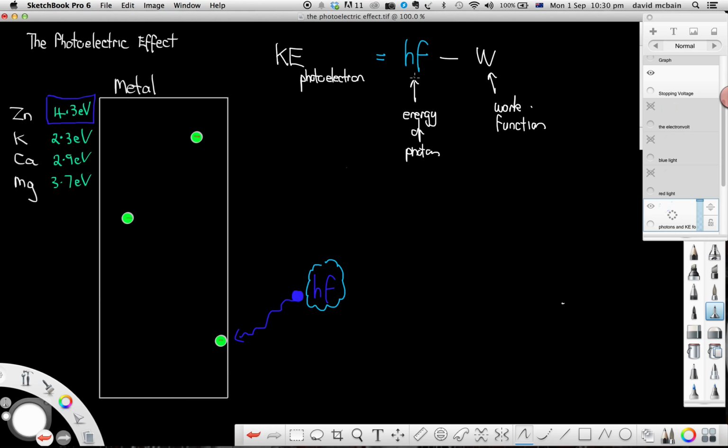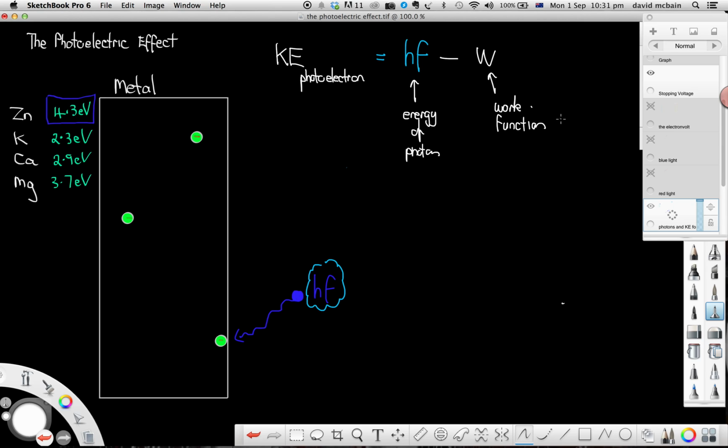Now, one thing that you need to know is that you need to be consistent with your units. So if you're operating in electron volts with your work function, then that compels you to then use the electron volt version of Planck's constant, and your kinetic energy of your photoelectron will be in electron volts.